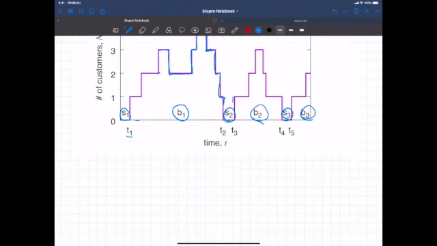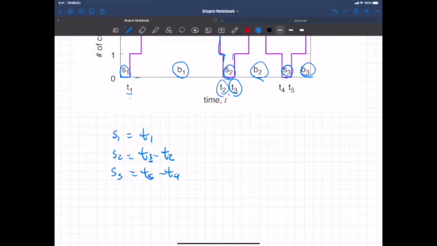So using these notations, for example, S1 is T1, and S2 is T3 minus T2, and S3 is T5 minus T4. So T with odd number minus T with an even number that is one less than that odd number, and so on.